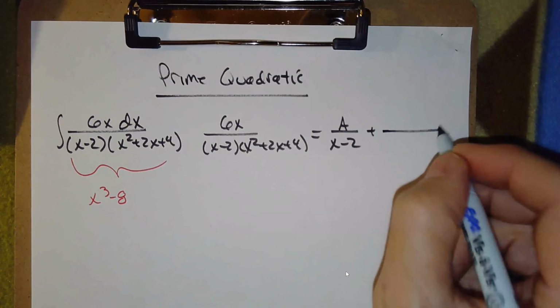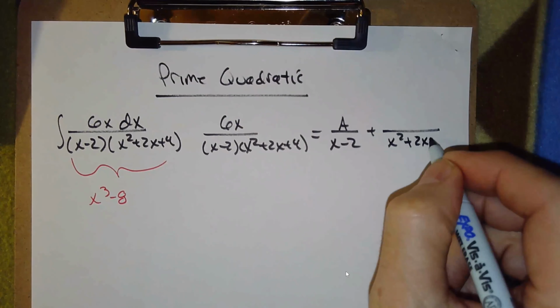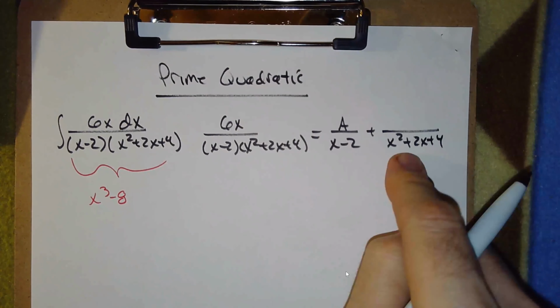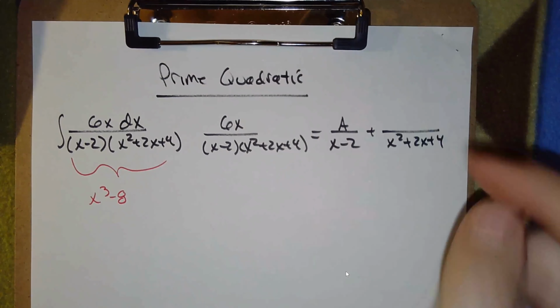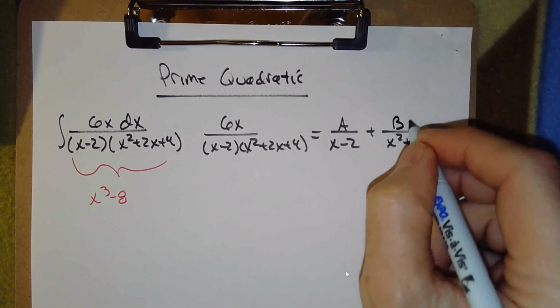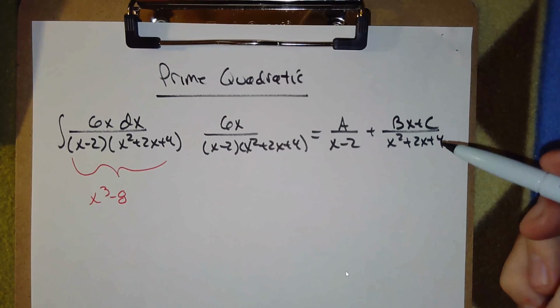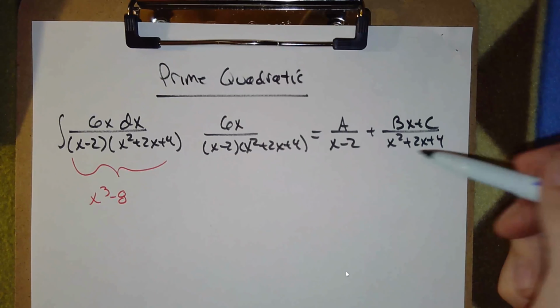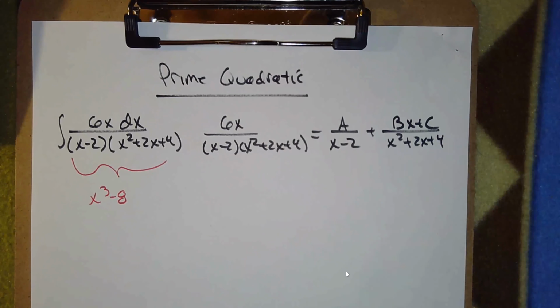But for the next term, x squared plus 2x plus 4, that's a degree 2 term. So in the numerator, you're going to have something of degree 1 less, a linear term, like Bx plus C. And that's your partial fraction decomposition when you have a prime quadratic, a quadratic that won't factor. In the numerator, you're going to have to put that linear term.